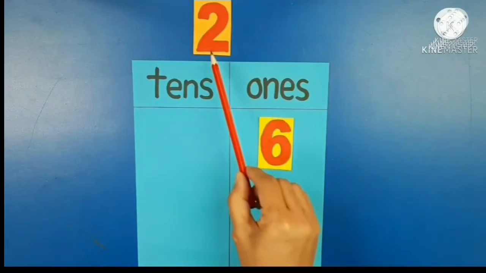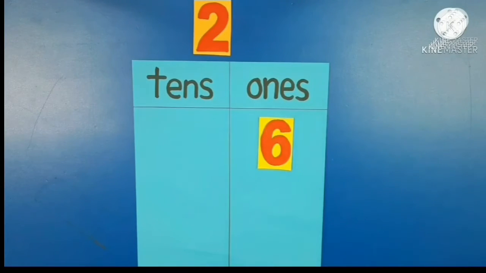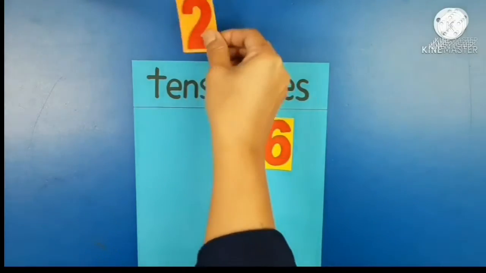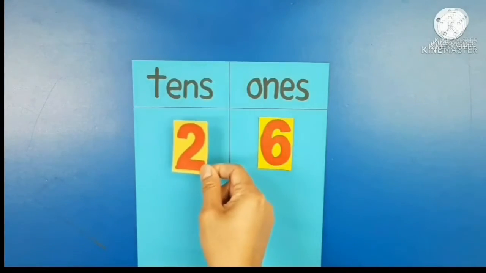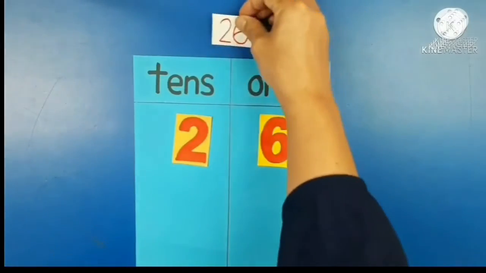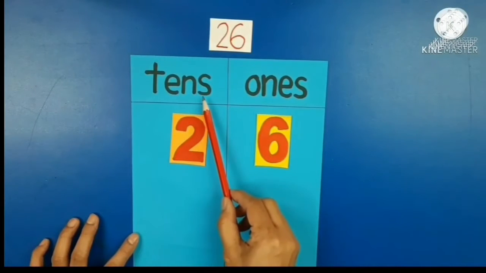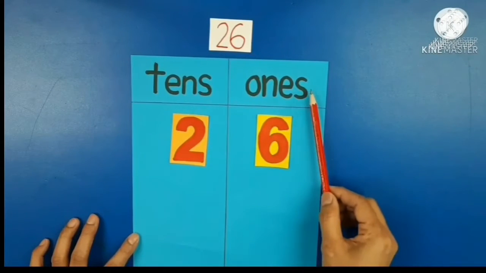What about number 2? Is it in column tens or column ones? Tens. Good. The place value for 2 is in column tens. Therefore, 26 is 2 tens and 6 ones.